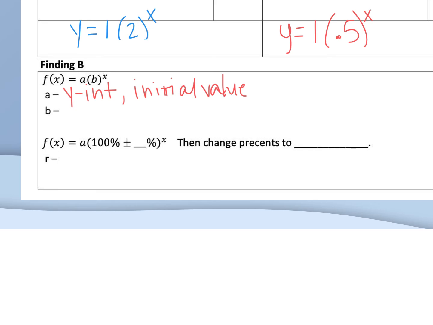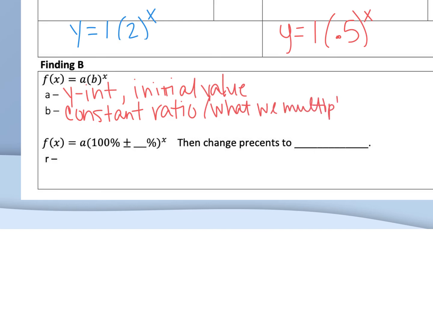Now the B, that's going to be your constant ratio, not rate, ratio. All right, and we're going to put in parentheses here, this is what we multiply by. So when we did our zombie, we were multiplying by 2, okay? Or on that second example, we were cutting everything in half.